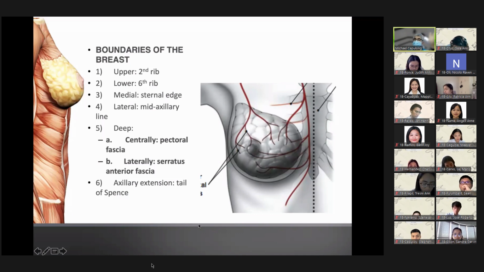That is why for females, whenever they have their monthly period, they can feel soreness of the breast. It feels full, and actually this feeling can be transmitted to the axillary region because of your axillary tail of Spence.